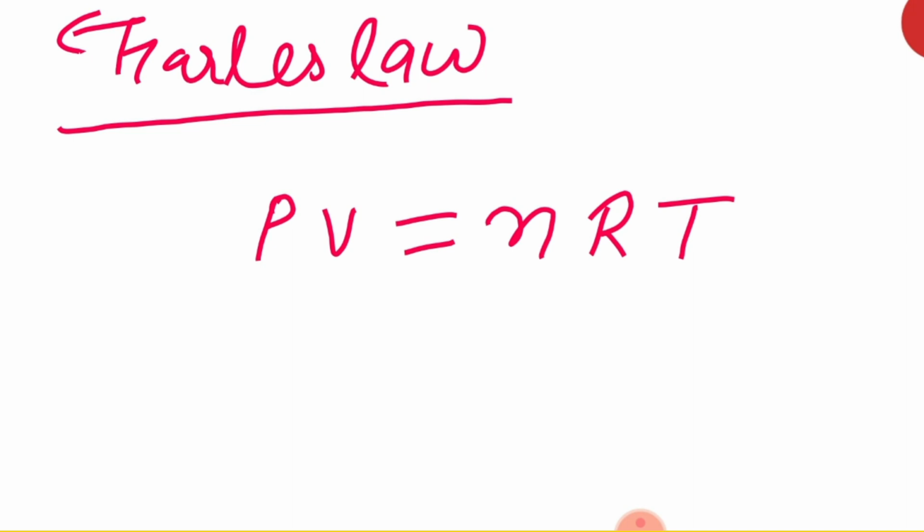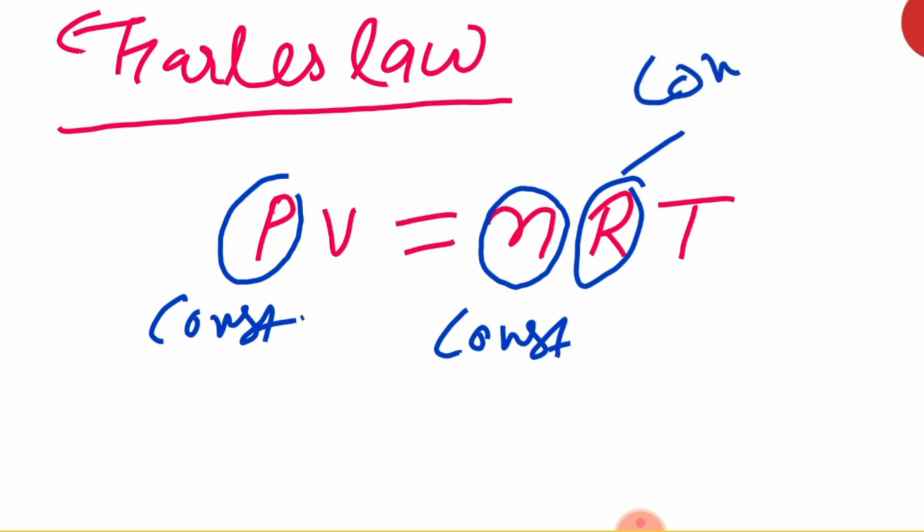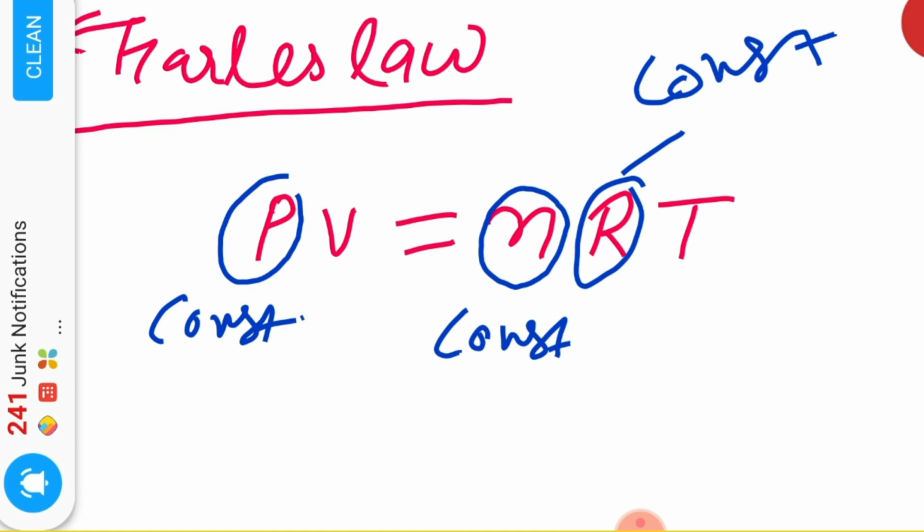And in Charles law, what is happening over here? In this case, pressure is constant. Okay, number of moles is constant. R, you know very well, is the universal gas constant. This is also constant. Then what is remaining over there?